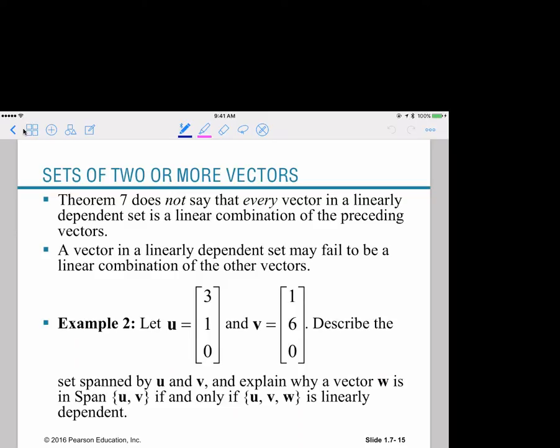let's look at a simple example where we can utilize the theorem that we just learned. Suppose we are initially given these two vectors, u and v, in three-dimensional space. Then we consider another vector w in three-dimensional space.